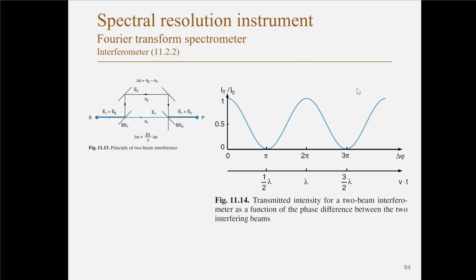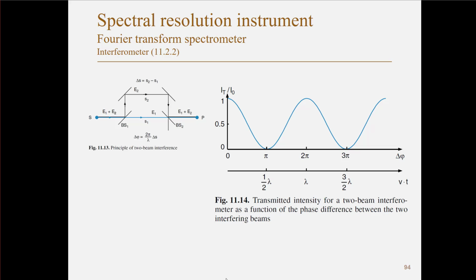When the two beams coming out here have the same relative phase, they interfere constructively and we get a large intensity. If we then move this back so that the phase differs by 180 degrees or pi, then they are interfering destructively. Then if we move it back further, when it's 2 pi difference, they will again interfere constructively, and so on.